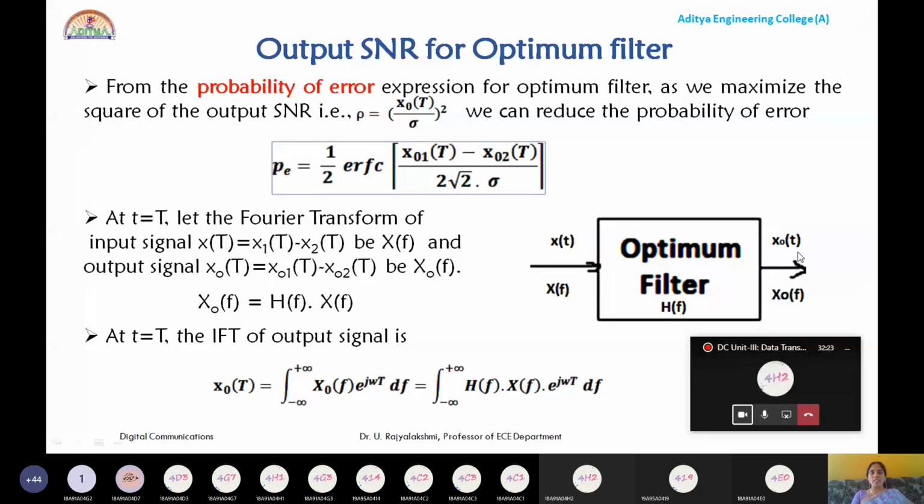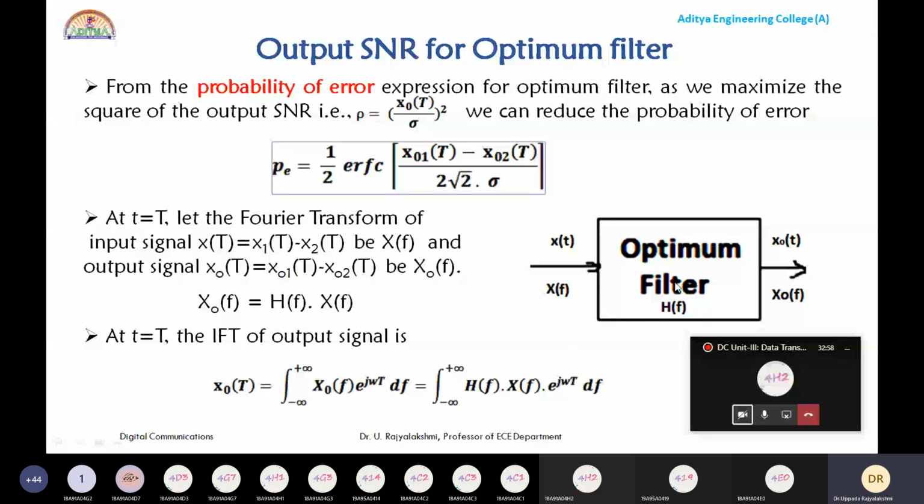Here we are not specifying a particular instant, so the general value is x naught of small t, where small t varies, and we derived the expression for the particular instant t equal to capital T. Let the Fourier transform of the input signal x of t be capital X of f, and similarly let the Fourier transform of the output signal at the particular instant capital T be capital X naught of f.